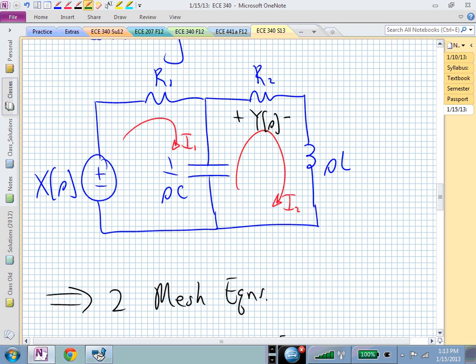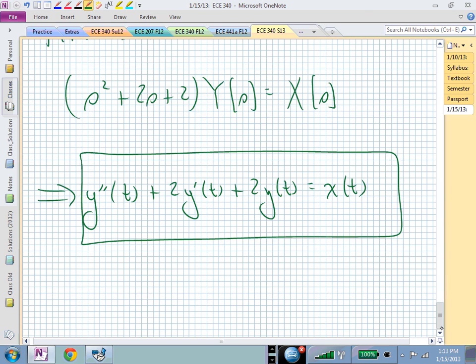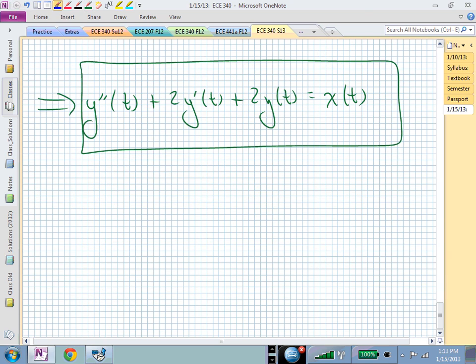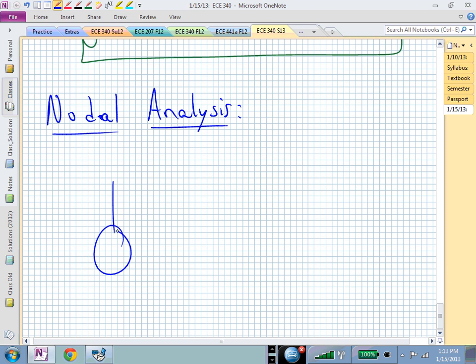Now what I want to do is the following. Let me go ahead and redraw this circuit. Let me just say nodal analysis. Now I have exactly the same circuit.